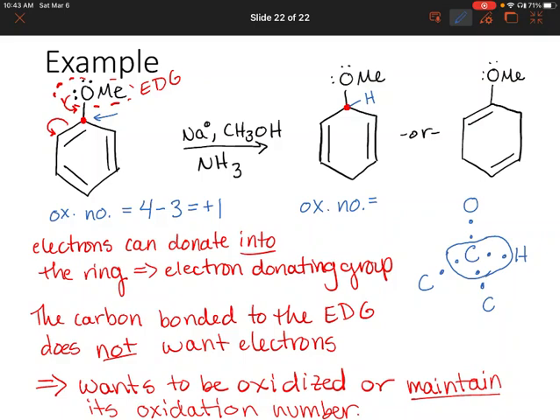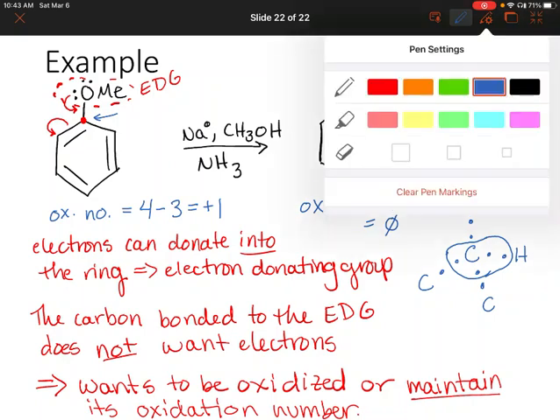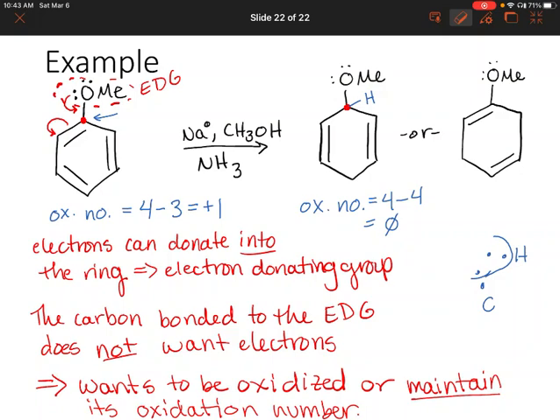So it owns a total of 4 electrons, so its oxidation number is 0. So that means its oxidation number has decreased, which is the opposite of what we want to happen in this situation. So that tells me that this first product we drew is not our preferred product. But let's just double check the second product and make sure that that is the preferred product.